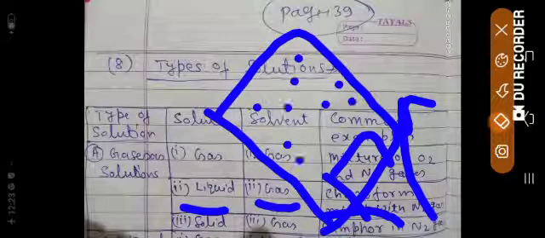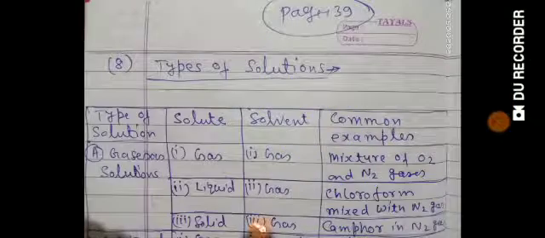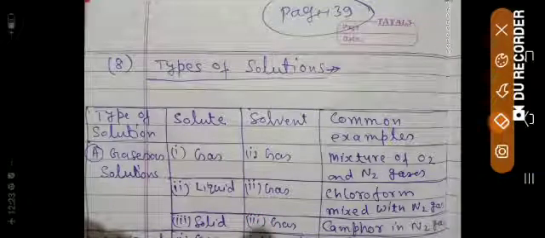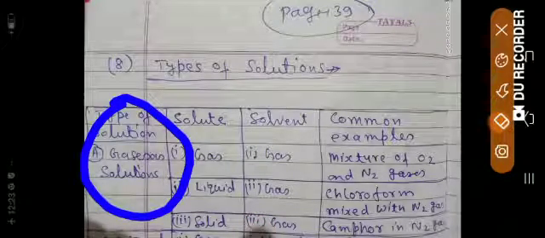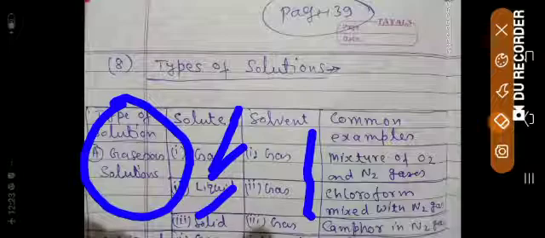So excess N2 is the solvent and this camphor is your solute. This is all we have discussed about gaseous solutions in which the solvents are gases and the solutes are either gas, liquid or solid.